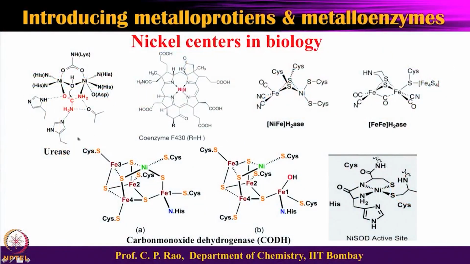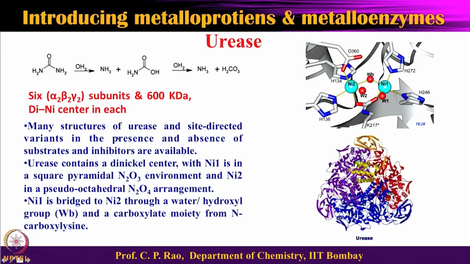Let us look at the first case. The first case is on the nickel urease, the nickel containing urease. So, this can be seen from here. Nickel containing urease is that where you have the urea ended up with one ammonia with carbamate and then another ammonia and the H2CO3, carbonic acid.